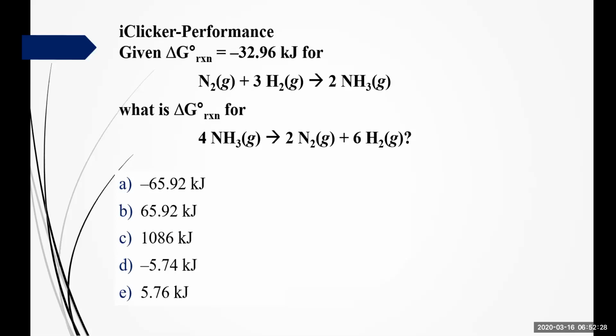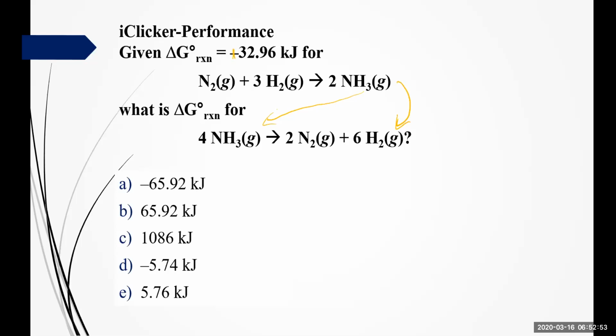So we know that the delta G of our reaction, given above, is 32.96 kilojoules per mole. Now, when we compare that to our reaction down here, we can see that our NH3 has moved across, which means that our delta G is definitely going to be flipped, making it positive.